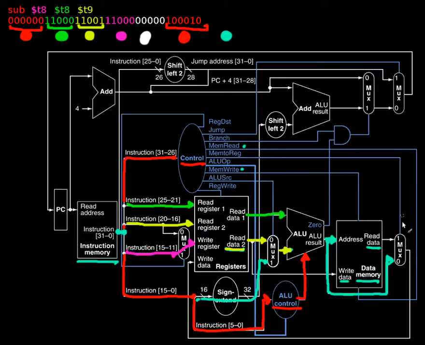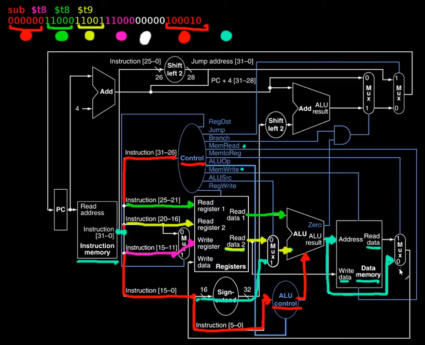Furthermore, this control line corresponds to mem to reg, or mem to register. We want that set to 0, so our ALU result gets sent through rather than data from the memory.